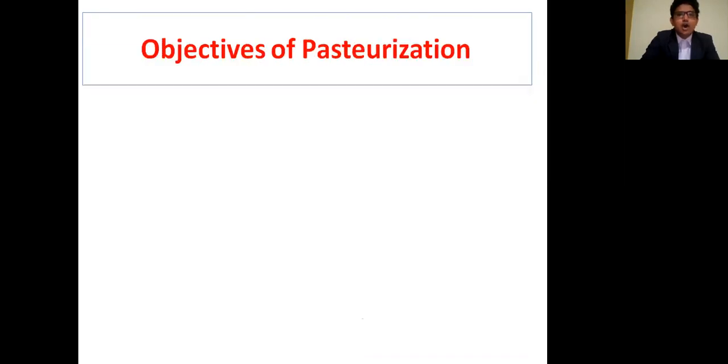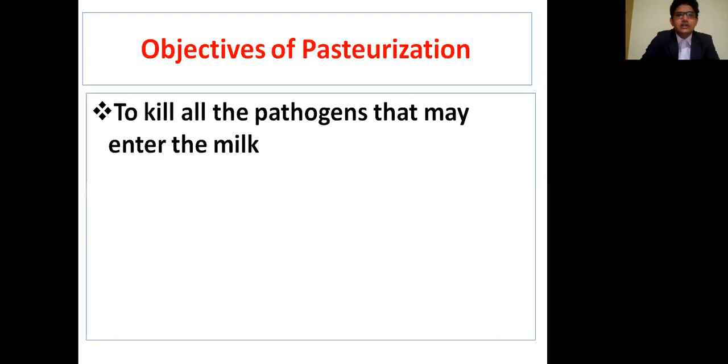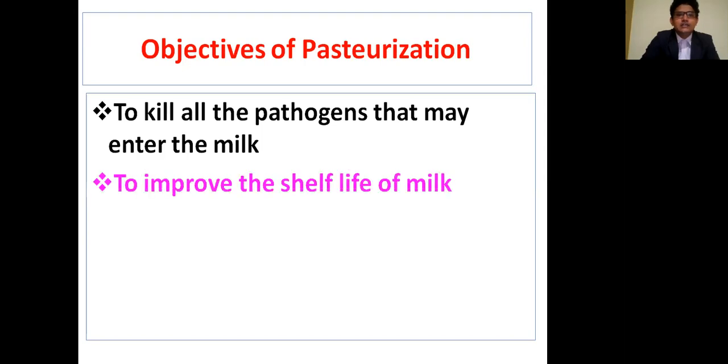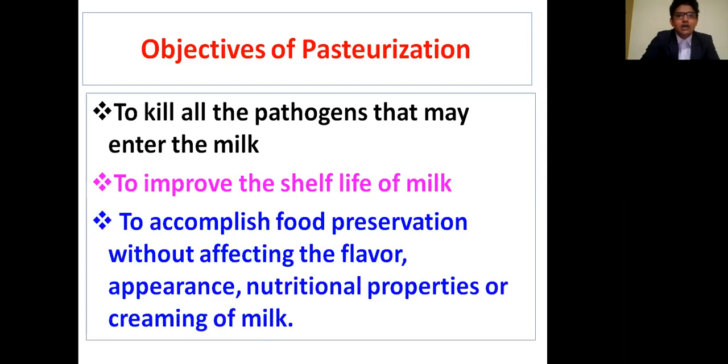So here are the objectives of pasteurization. The first objective is to kill all the pathogens that may enter the milk, to improve the shelf life of the milk, and to accomplish food preservation without affecting the flavor, appearance, nutritional properties or creaming of milk.